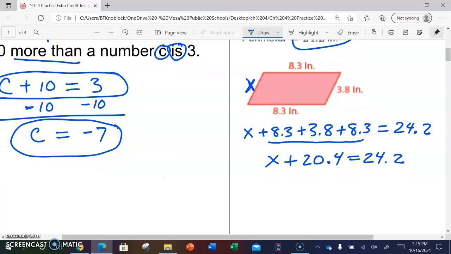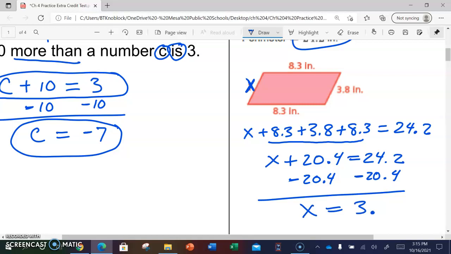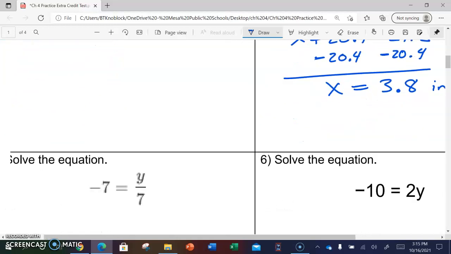So now what I do is I go minus 20.4 minus 20.4. So I find out that the missing side is 3.8 inches. So if they give you the perimeter, you basically take the perimeter and subtract the other three sides.